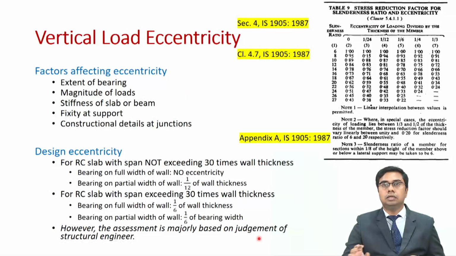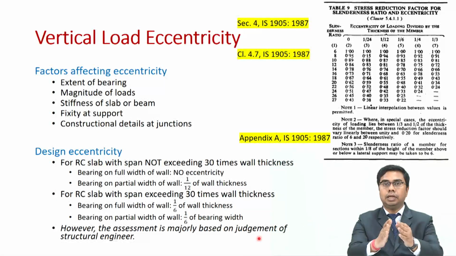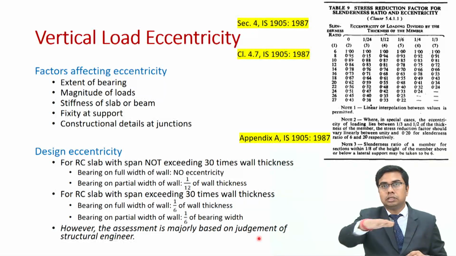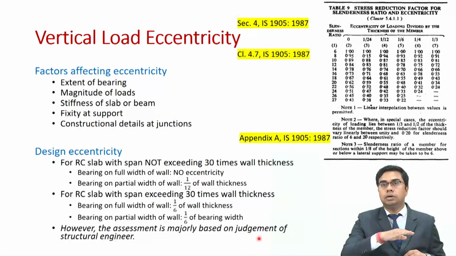Now, once we have understood slenderness ratio, let us also understand eccentricity in masonry buildings. Now, there are a lot of factors that affect eccentricity of the vertical load in case of masonry building. Typically, in a masonry building, you have various load bearing masonry walls comprising of masonry units and mortar, and on those walls you have the slab, which is typically of reinforced concrete, or it can also have a timber flooring placed over those walls.